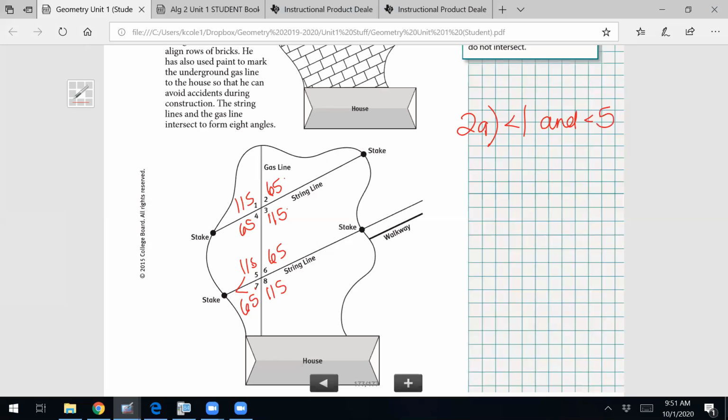Those are corresponding because they're not adjacent, but they are exactly the same measurement. They're also in the same location. They are your top left angle, 1 and 5. So you give me the other 3 sets. There are 3 more sets. You list those out.